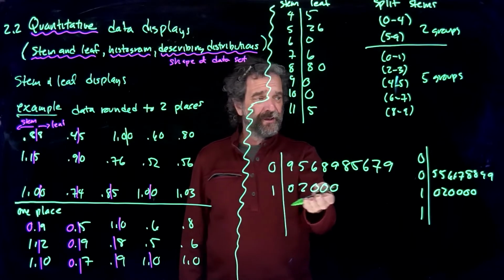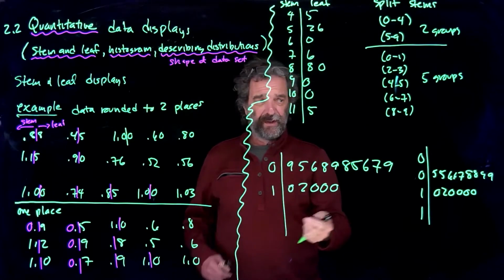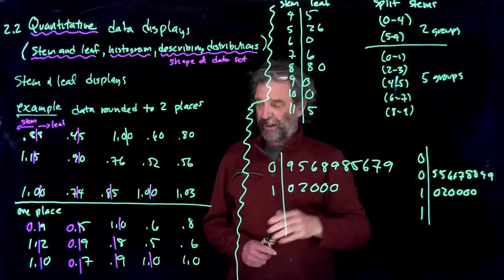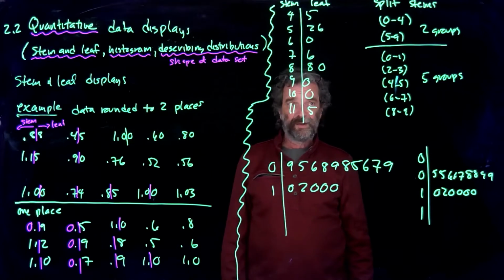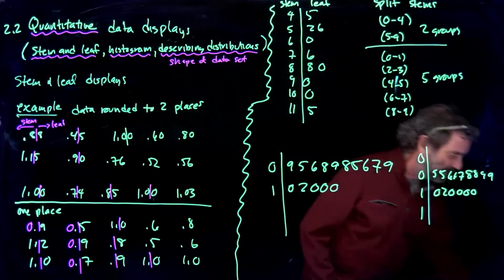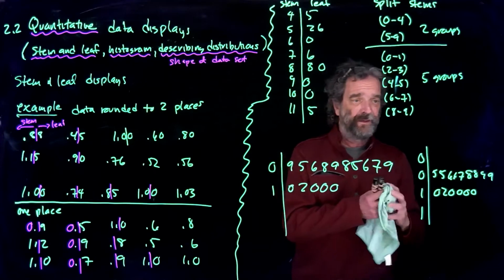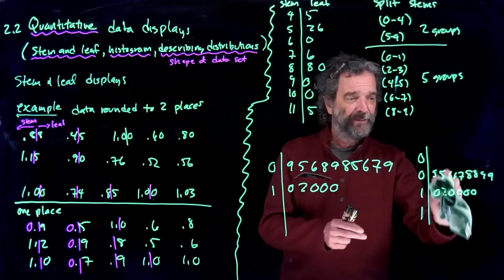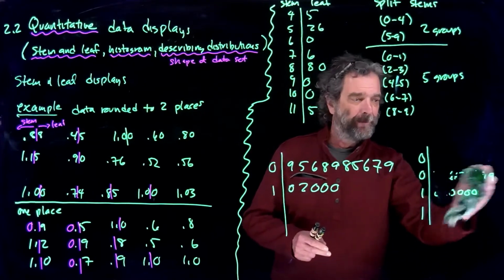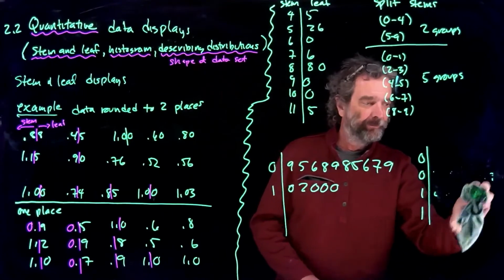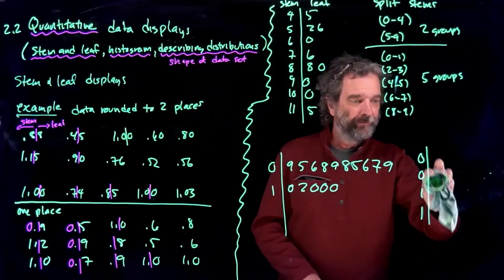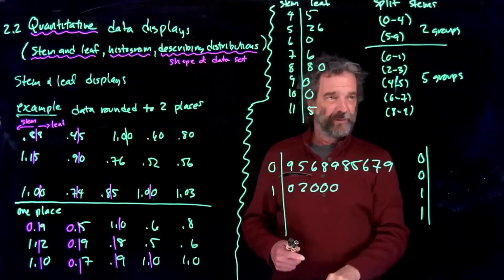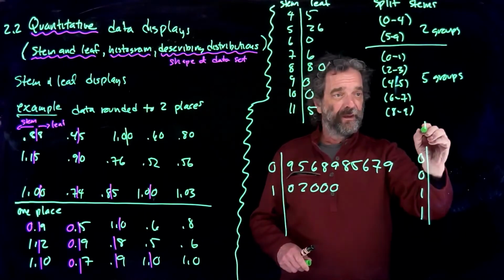So we tried it here, and it didn't give us any benefit, so we'll try this one instead. And now I'm going to make a mess, it looks like. I'll just try to get rid of this without making too big a mess. There we go, and then now we've got 5.